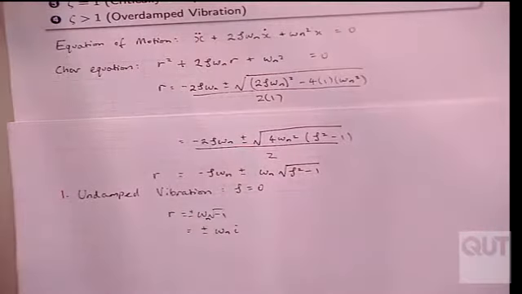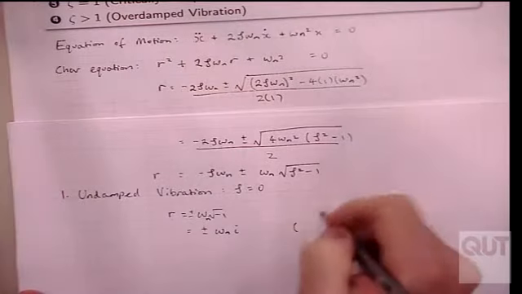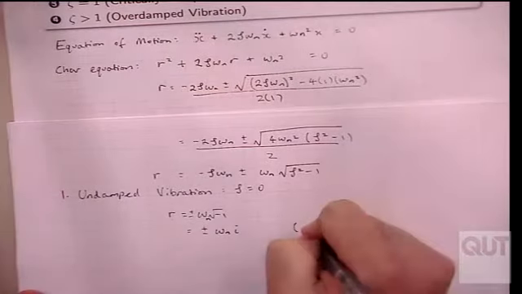Obviously, the square root of negative 1 is i. So the roots are plus minus omega n i in the case of undamped vibration. Now you should note the type of roots we got here. We got complex conjugate roots.